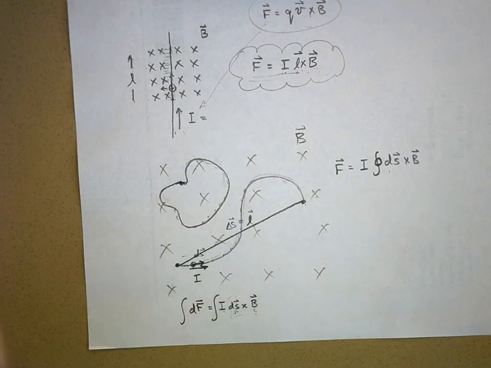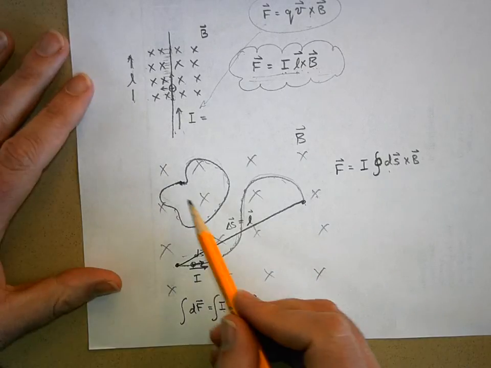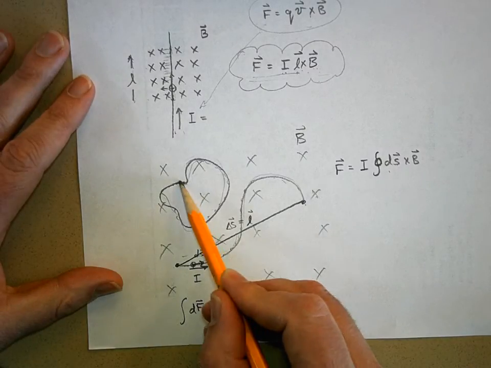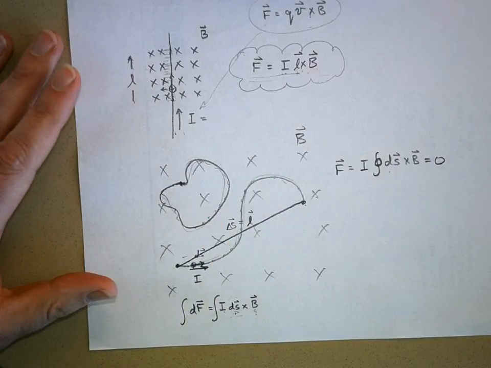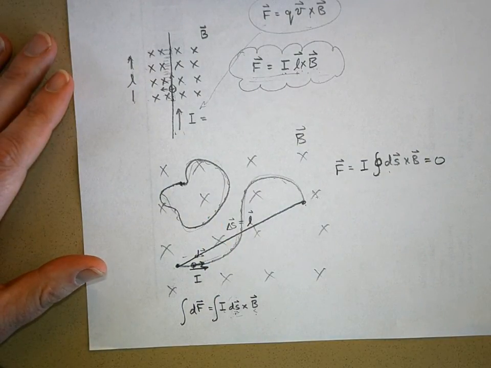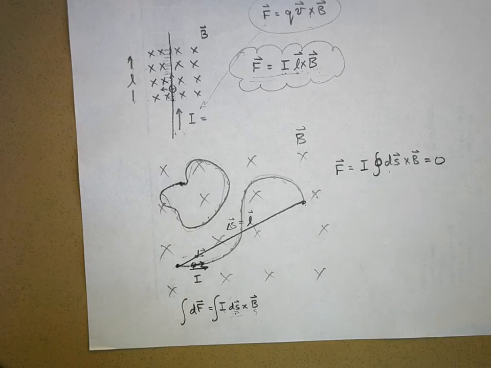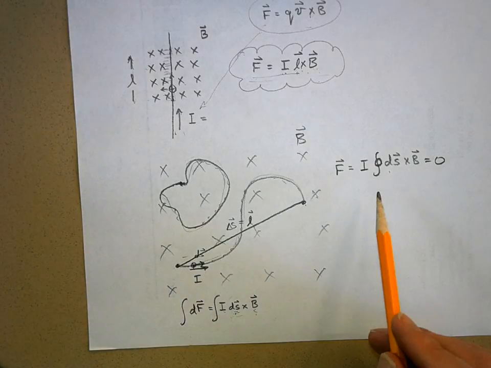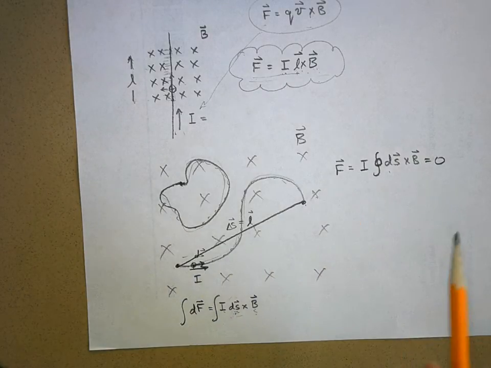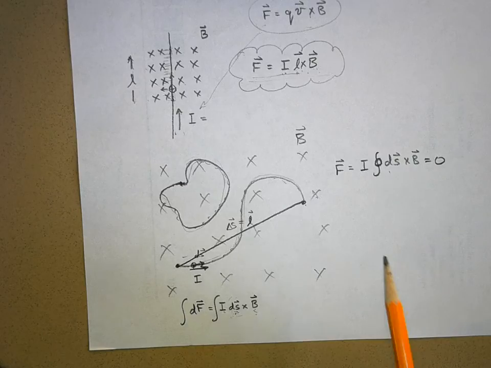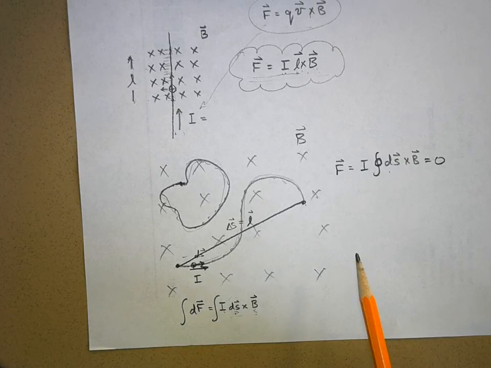It means I'm going in a closed loop here, like that. It's going to be equal to 0. And so the force will be 0. That's the net force on the total loop. Now that doesn't mean the torque will be 0. We're going to talk about that next time.